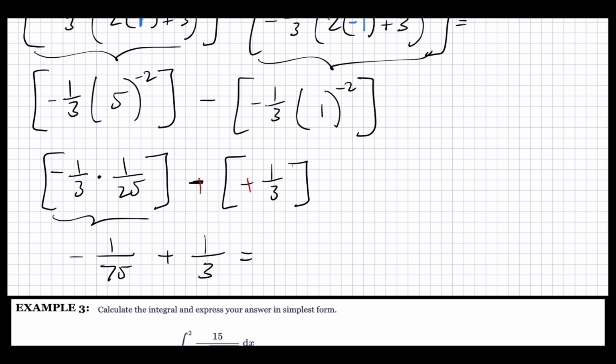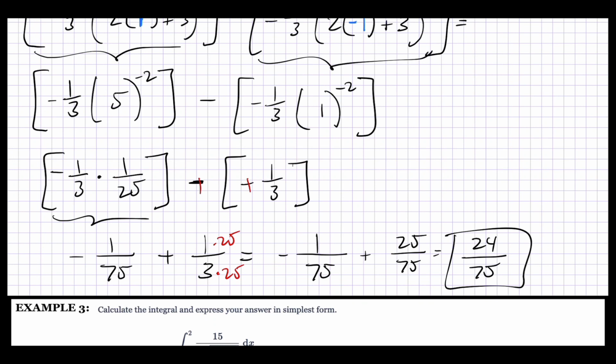Common denominator is going to be 75. So you get negative 1/75 plus 25 over 75, which is 24 over 75. Just under 1/3. Done.